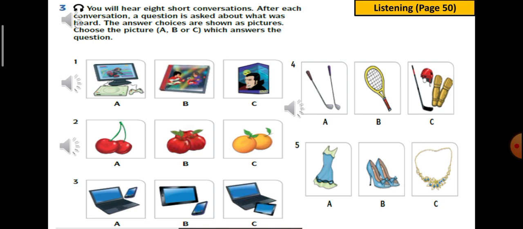Try to identify what the items are. Try to think about what the items are used for or what they are connected to. Okay? This will help you relate that conversation that you hear during the recording to the pictures that you see before you. And that is when it will become easier for you to make the correct choice.